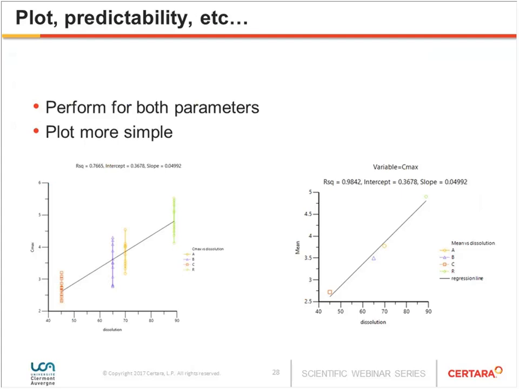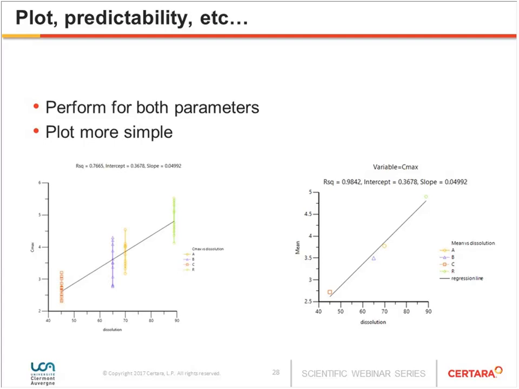But you can see that the intercept is 0.368 on the left part of this slide, and I have exactly the same thing on the right one. On the right one, I have a slope of 0.04992, and you can see also when I use all the data that I have the same slope, which is normal. That means using the mean data or using the individual data does not bring any difference.